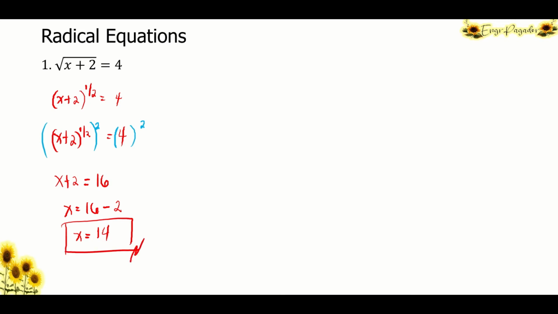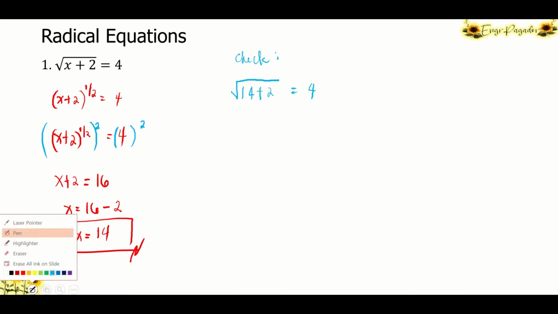Okay? So, let us try to check kung tama ba yung mga pinagagagawa natin. So, checking. Let's substitute 14 dito sa ating equation. So, this will be equal to the square root of 16 or 14 plus 2 is equal to 4. Of course, maglagay tayo ng question mark dyan.